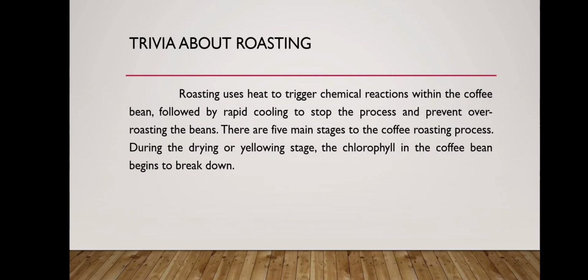During the drying or yellowing stage, the chlorophyll in the coffee bean begins to break down. So, sa roasting, iniingat din yan kung ano yung range na gusto natin sa coffee bean. Depende na lang kung gusto natin ng light roast, dapat hindi siya ma-over kasi magiging dark roast siya. So, meron tayong mga process na sinusundan or procedures.